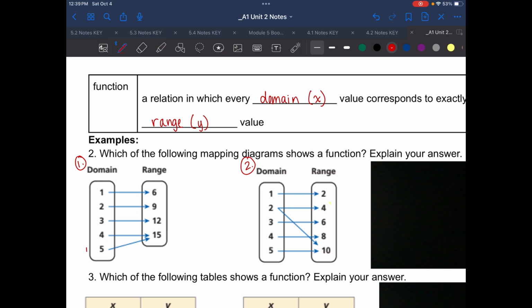If we look at the 2 relations, for a function, every domain value is mapped to exactly one range value.